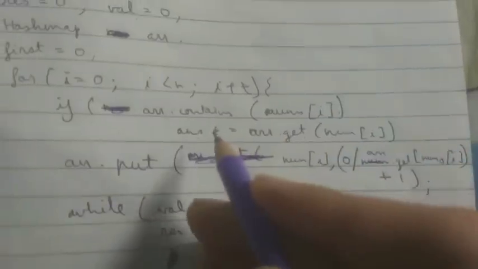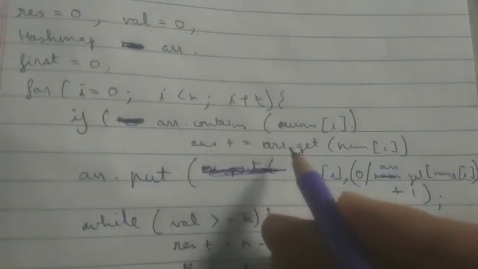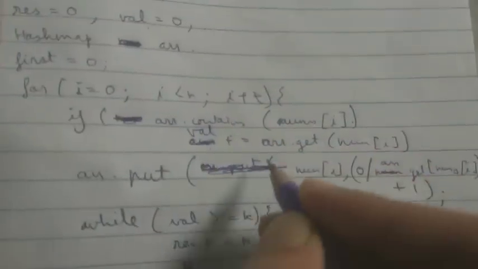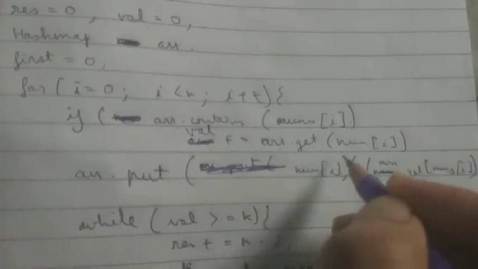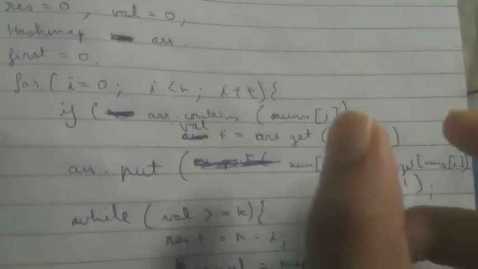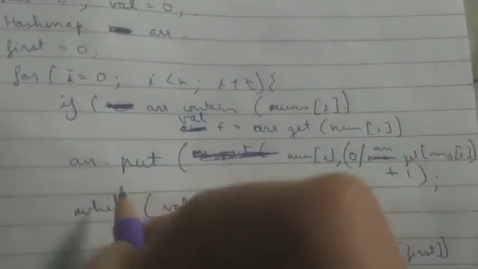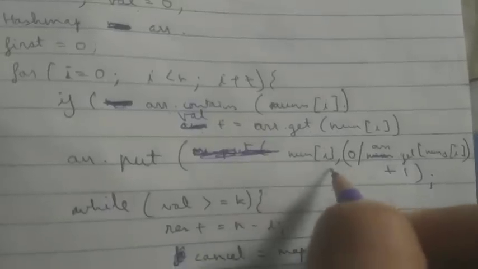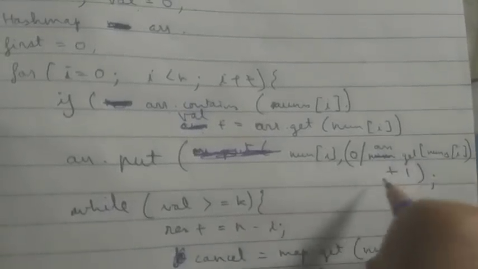So that is basically, actually this is not answer, this will be value plus equals arr.get(nums[i]), that is the frequency of nums[i], and then we put nums[i] and arr.get plus 1, or 0.